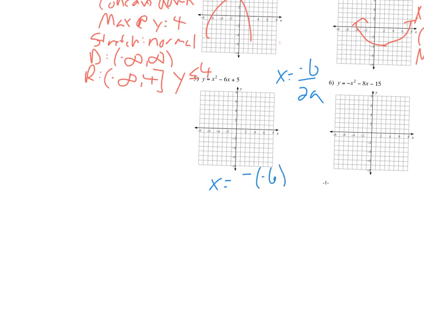A lot of students get that wrong because they put just the -6 there. They don't put the negative from the formula as well. And then all over 2a, a in this case is 1. Two negatives make a positive, so we get 6 over 2, which is just 3. So then that becomes my axis.